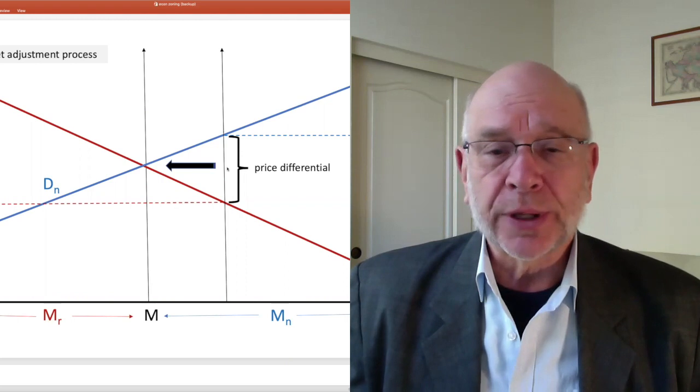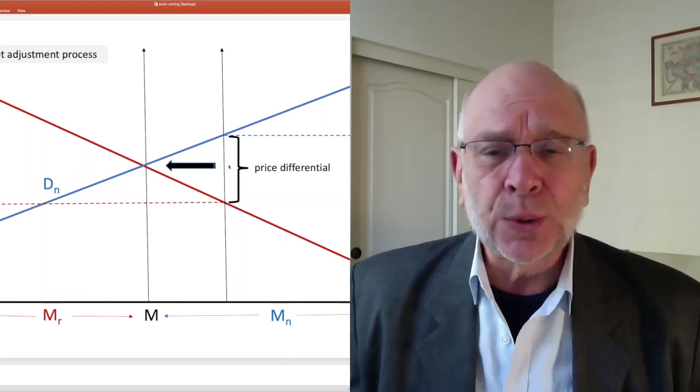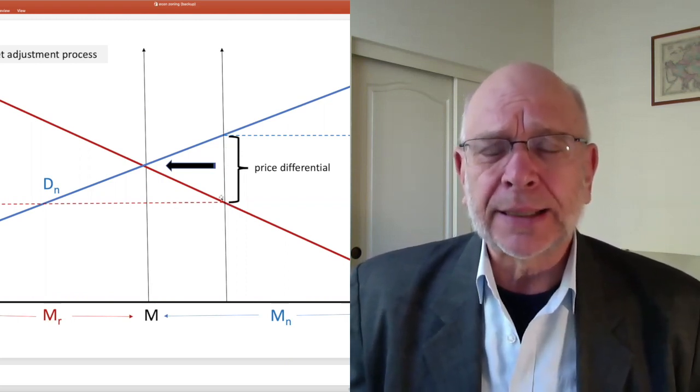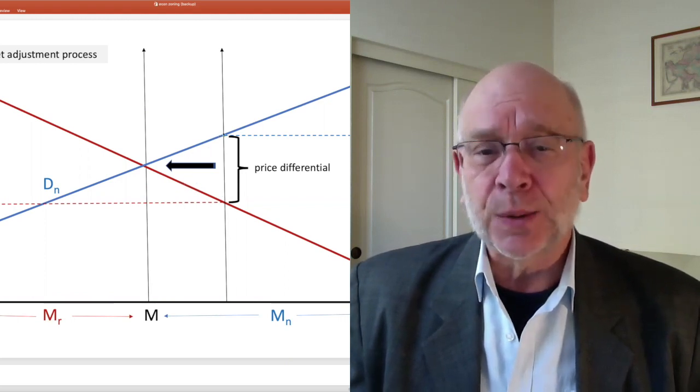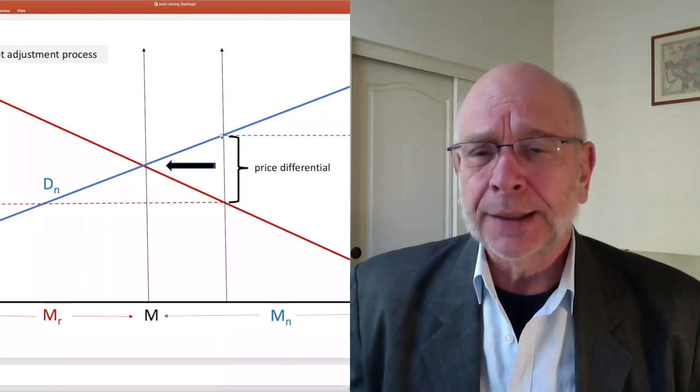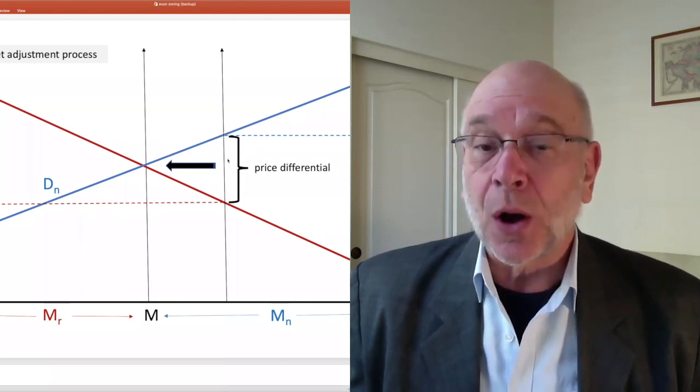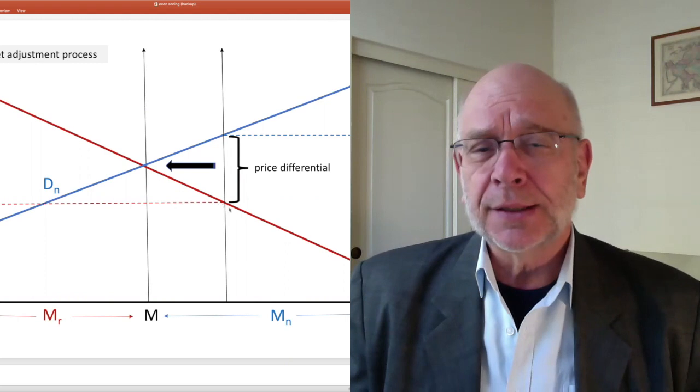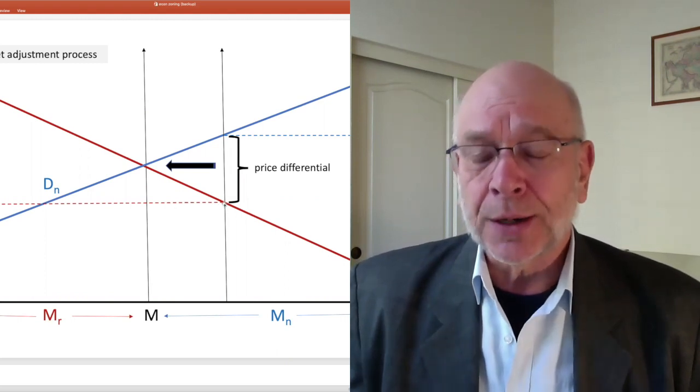And so this is where this term highest and best use comes into play. The idea is that there's an indication that the value of land in non-residential use on the margin exceeds that of residential land on the margin.